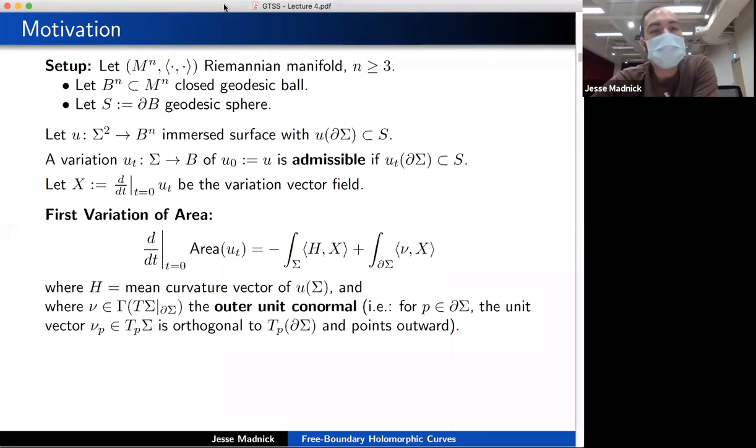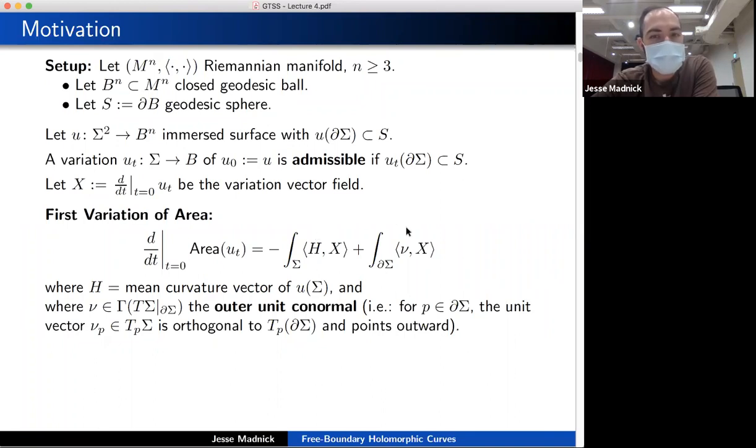So you might ask, how does the surface area change under admissible variations? And there's a formula for this, known as the first variation of area. If you take the area of an admissible variation at time t, and you take the derivative at t equals 0, you get these two integrals, the sum on the right-hand side. So the first integral involves the mean curvature vector. Right, that's a normal vector, right? It vanishes precisely when your surface is minimal.